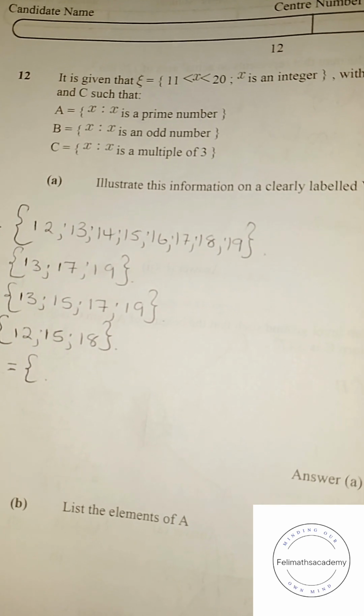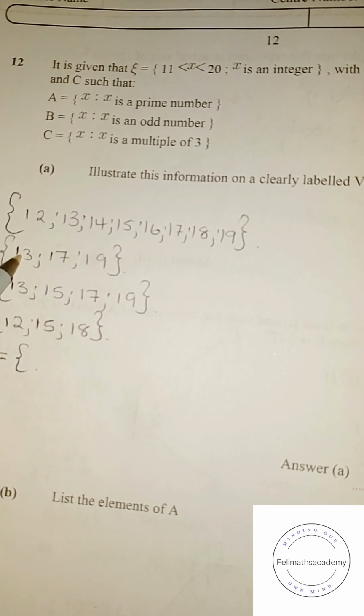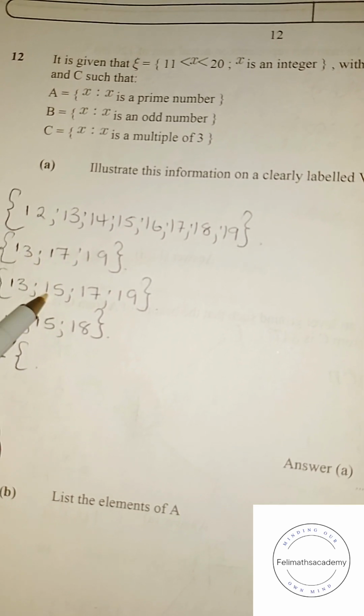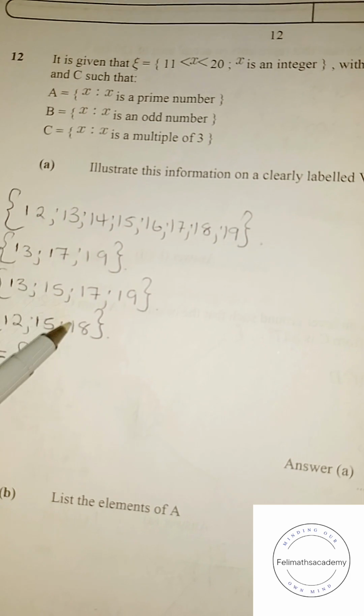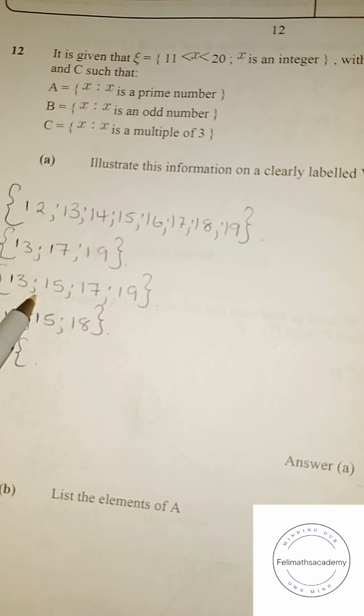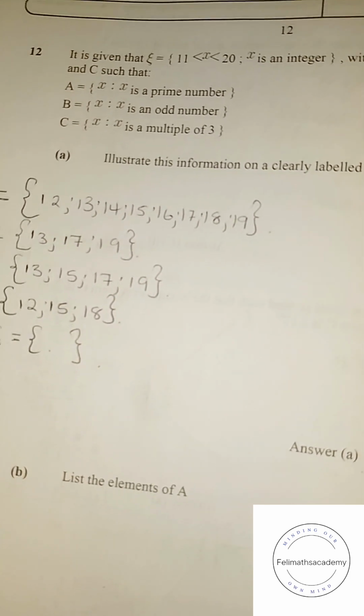So the intersection of A and B and C is an empty set. We don't have an element that is in all three sets. So the intersection there is an empty set.